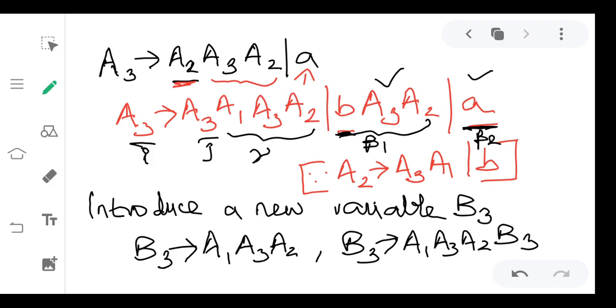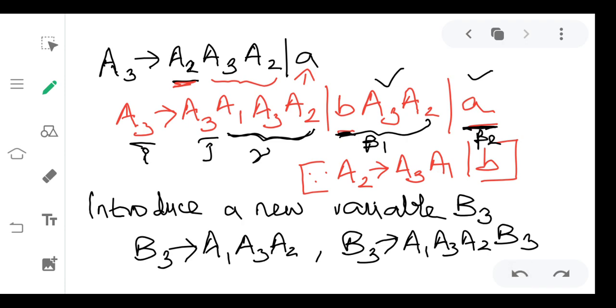Okay, here what we have done is, we have converted the equation of the form Ai produces Ai gamma. So i and j are equal. Since i and j are equal, we have to introduce a new variable Bi, that is B3 here. So this part is gamma. So we have to introduce here a new variable Bi produces gamma and gamma Bi.